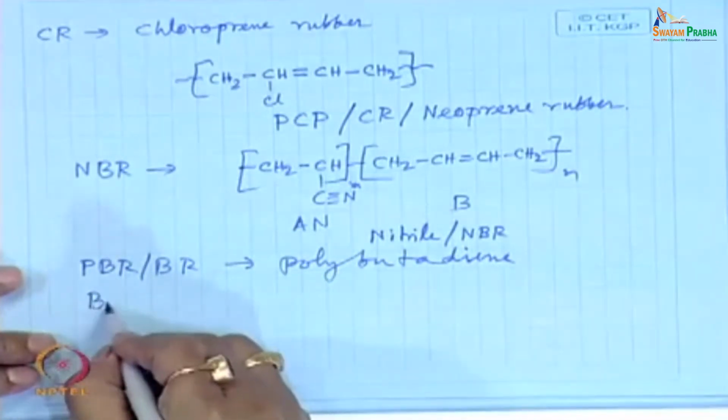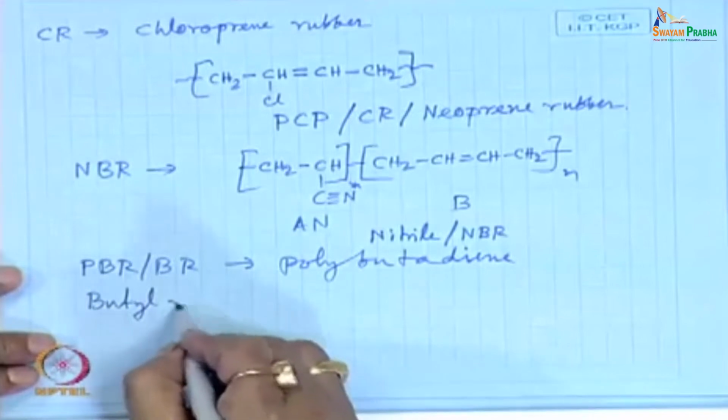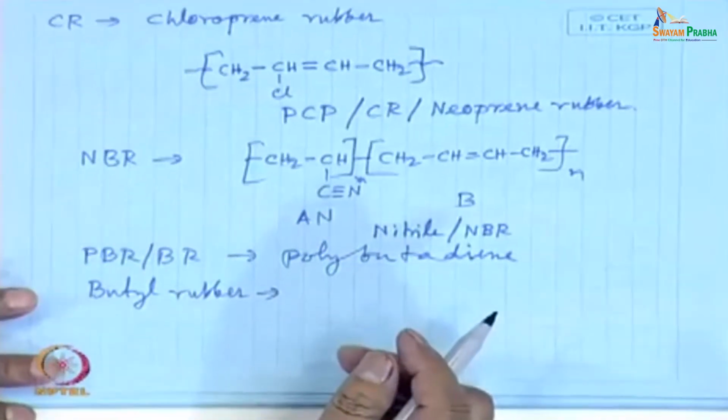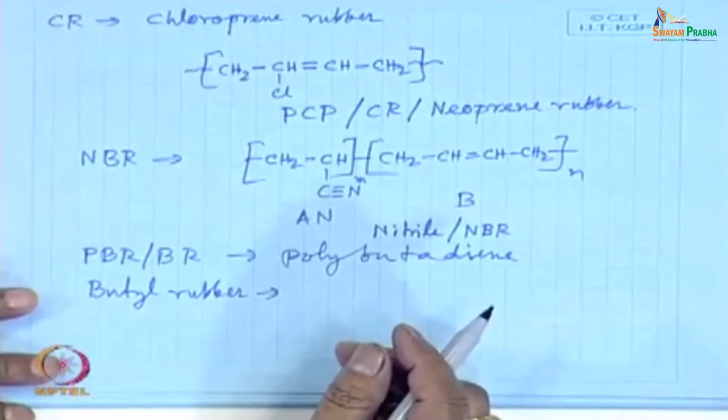Butyl rubber, it is again a copolymer, where the comonomer percentage is very small.